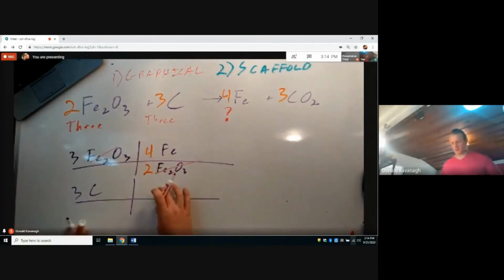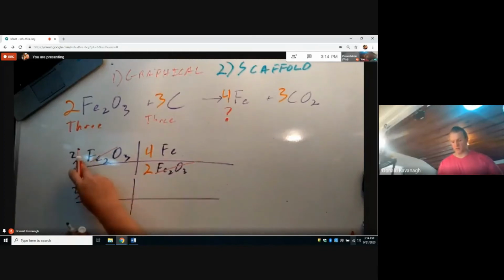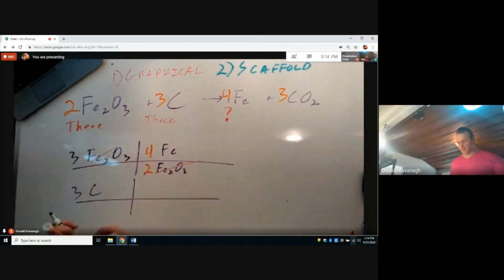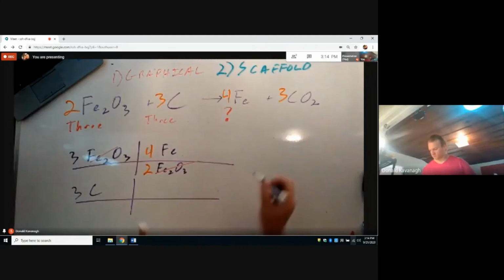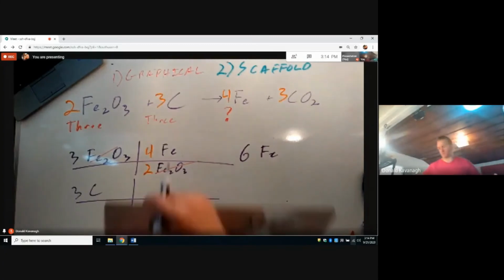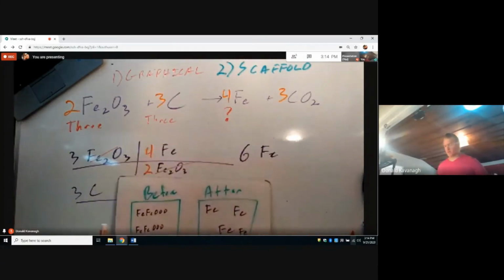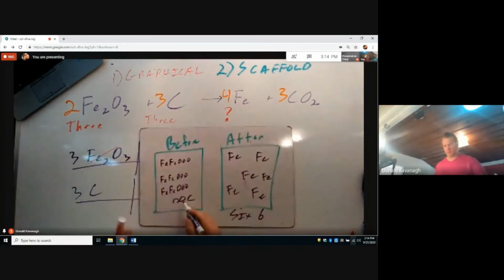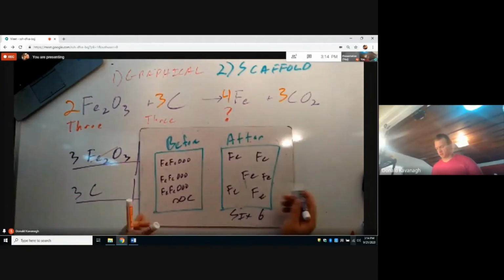We do this: 3 times 4 divided by 2, the exact same answer we got with our graphical method. When 3 of these reacted, it liberated 6 irons.